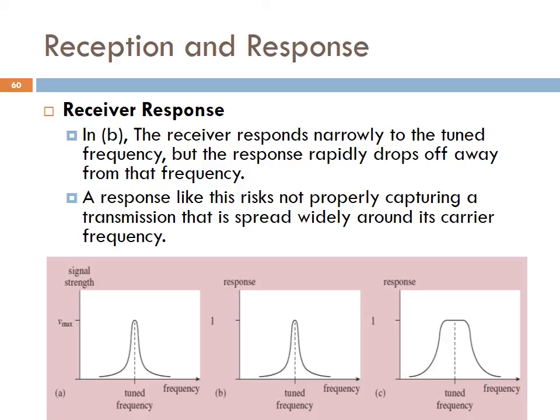If we make the filter according to figure B, the receiver responds narrowly to the tuned frequency, but the response rapidly drops off away from that frequency. A response like this does not properly capture a transmission that is spread widely around its carrier frequency.